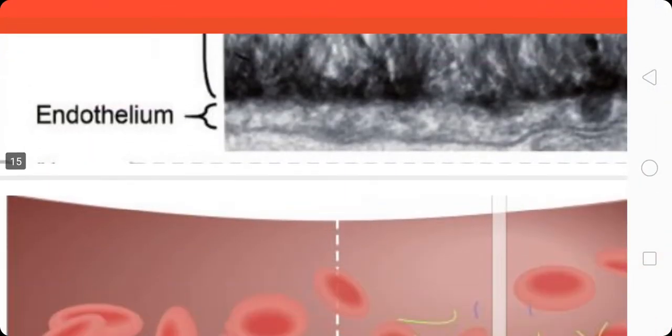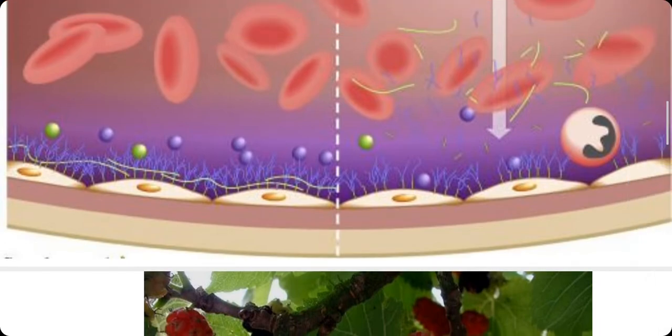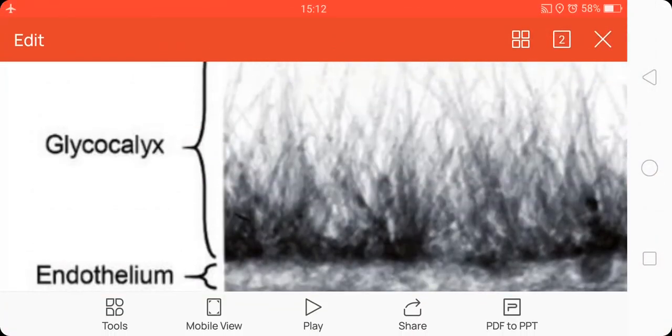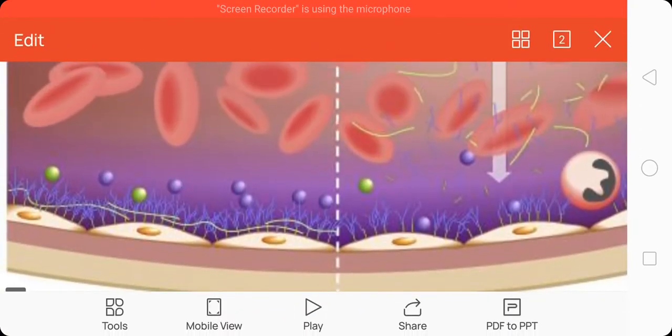This is a very thin layer of epithelium, but it is very important because this epithelium has some fibers. Here you see blue color, but these fibers are better visible here. And what these fibers are doing, they keep the mucus. Mucus is some substance which is like a gel, and this gel is electrically charged.